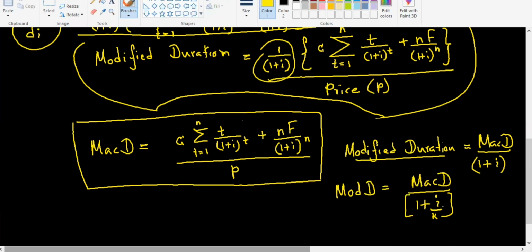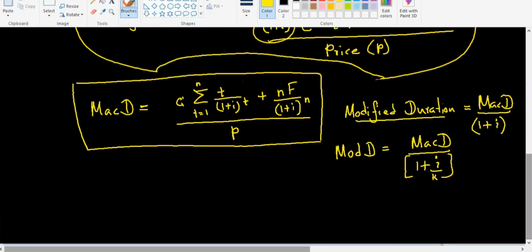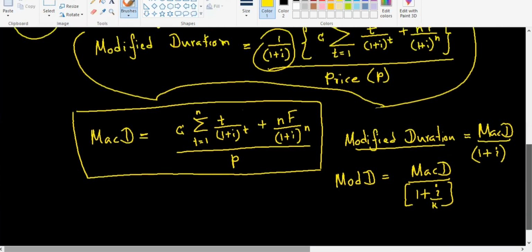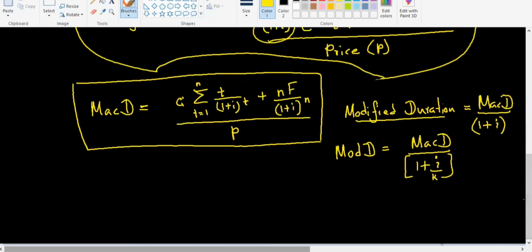When you get this duration, it is like a weighted average, so you can get an idea of how sensitive a bond is to the yield rates. So this is the basic calculation, how to derive the Macaulay duration and the modified duration.